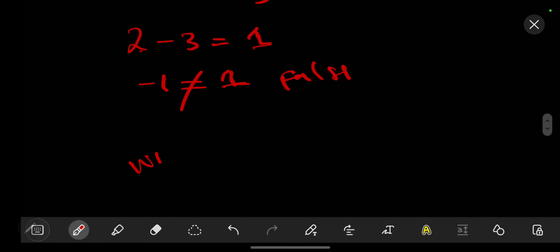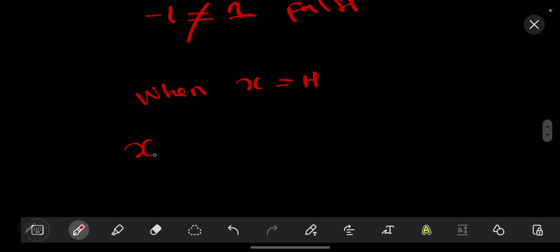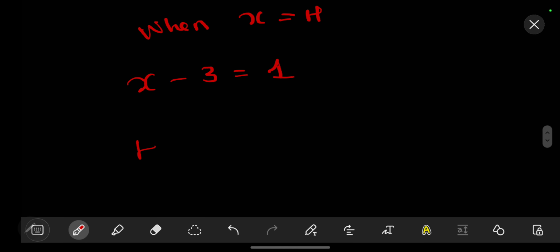Then when x is equal to positive 4, for the equation x minus 3 should be equal to 1, this will work. So we have 4 minus 3, which will give us a positive 1, which is equal to positive 1.